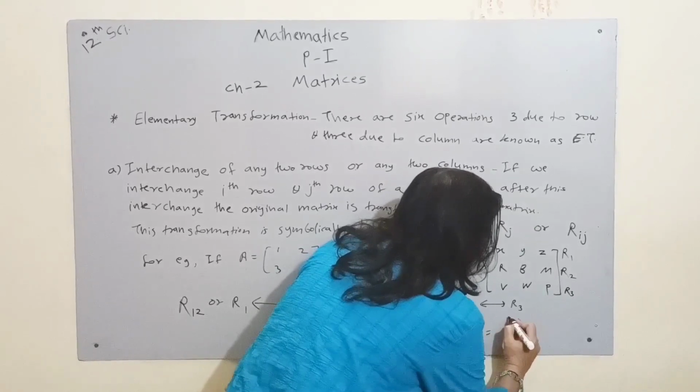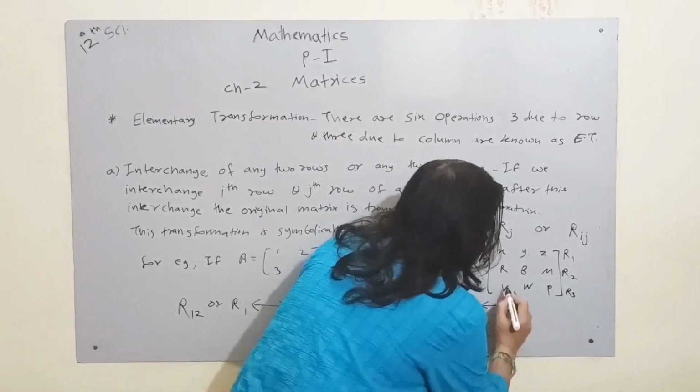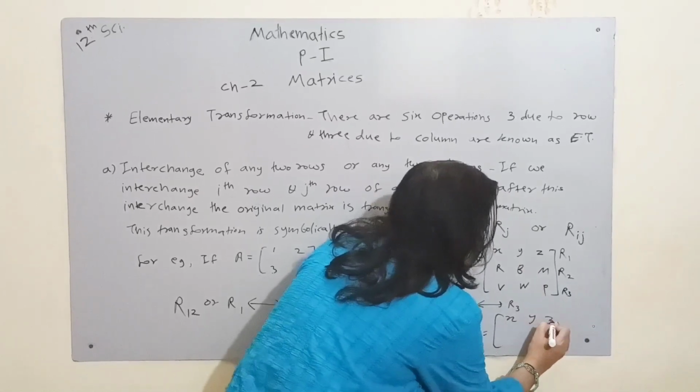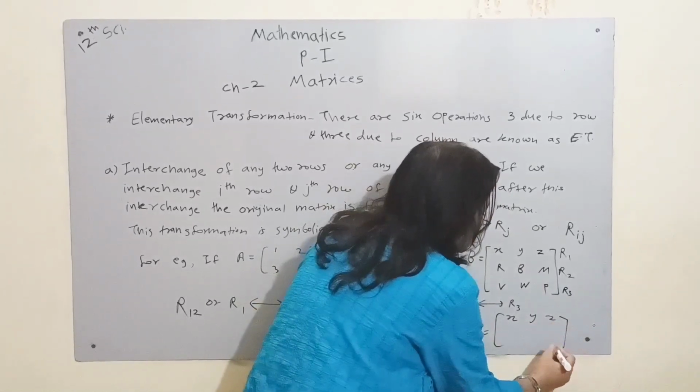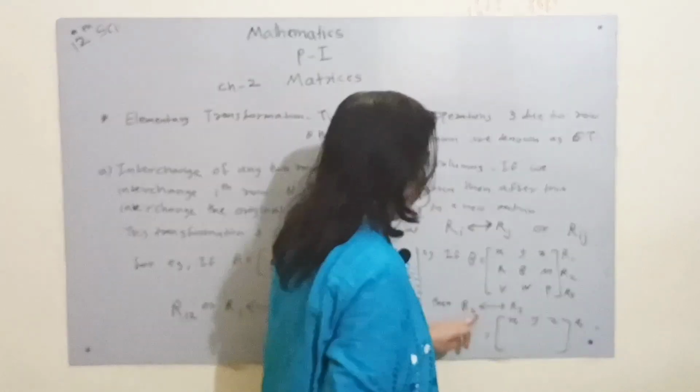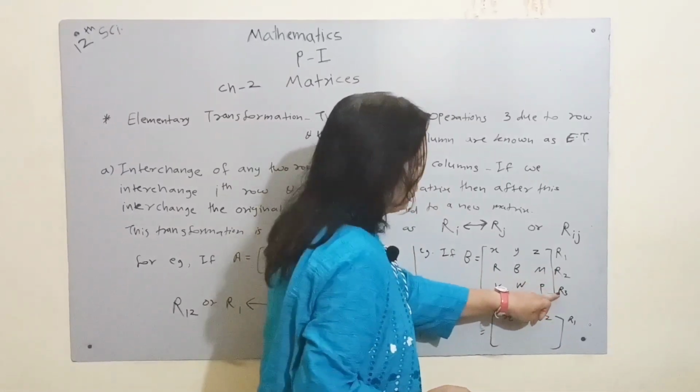this is equal to x, y, z as it is, row first. We have to only change row 2 and row 3.